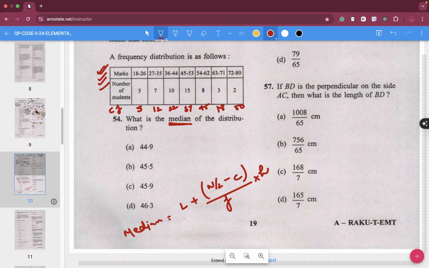If you remember this formula, you are for sure going to get it.